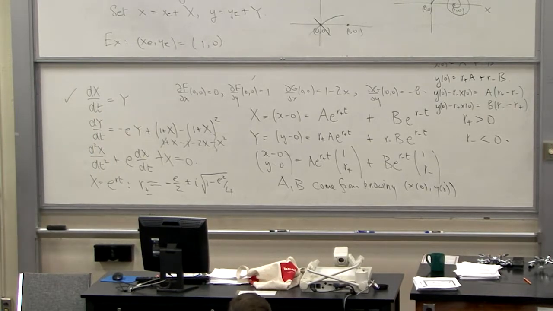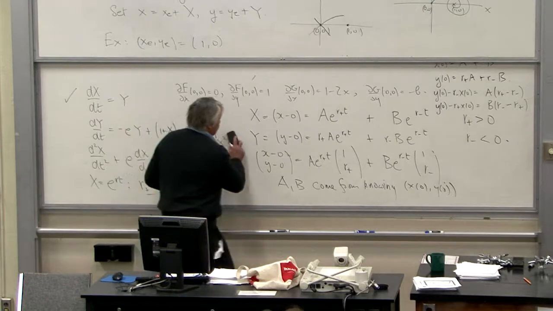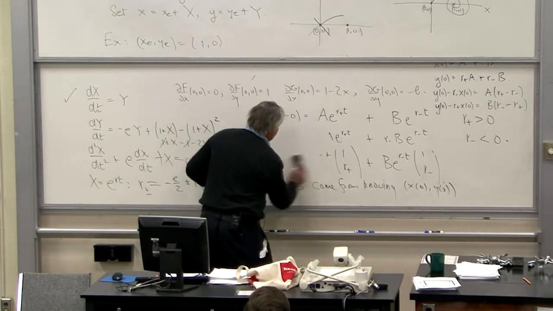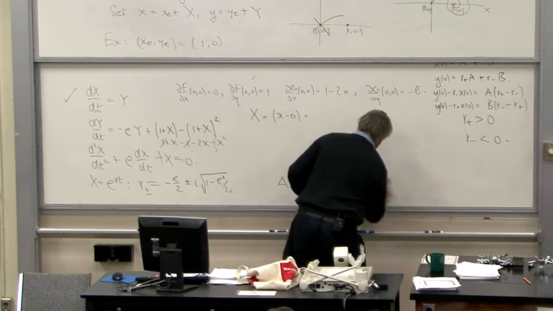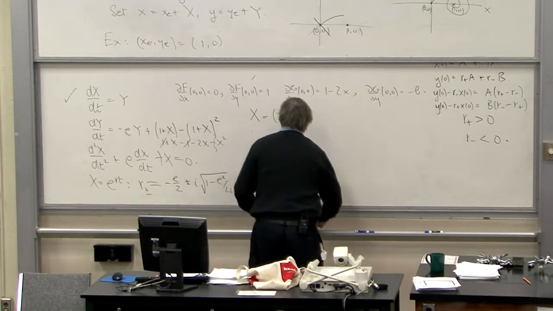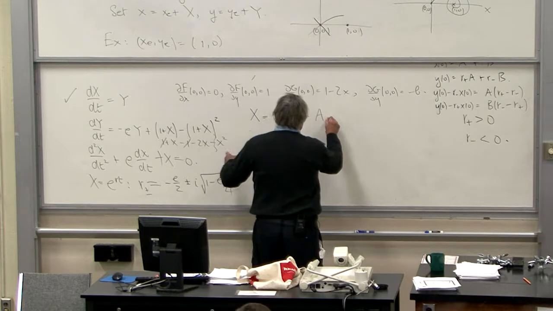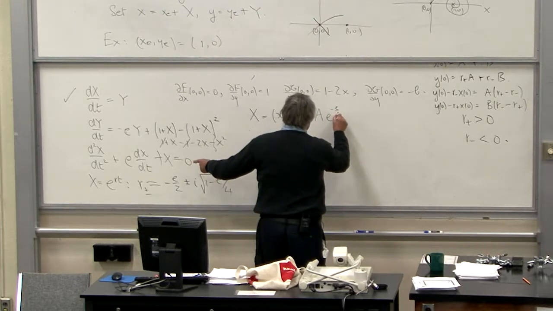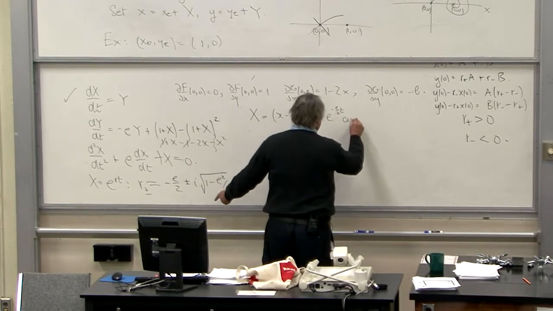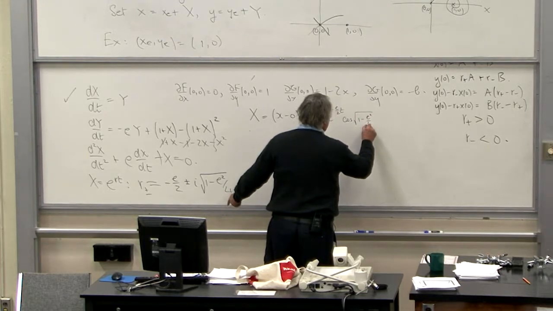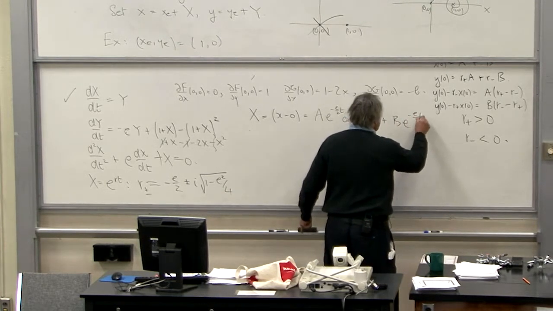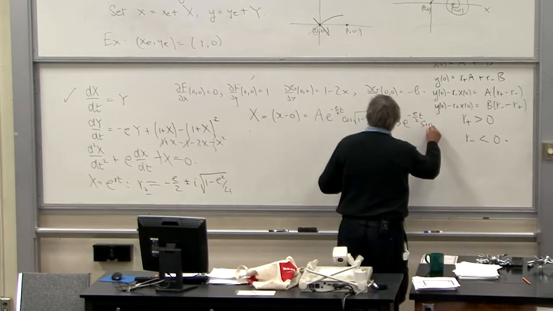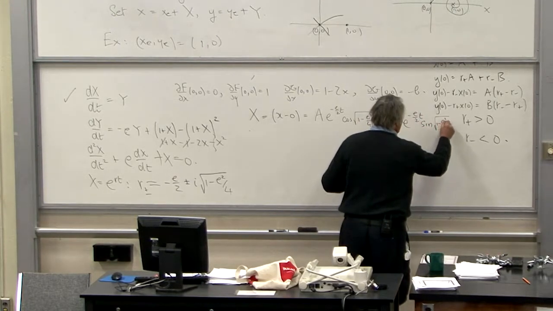So now what are the solutions? Now the solution is A e to the minus E over 2 t cosine of the square root of 1 minus E squared over 4 t, plus B e to the minus E over 2 t sine of the square root of 1 minus E squared over 4 t.